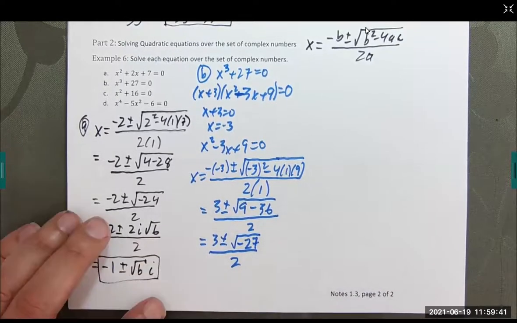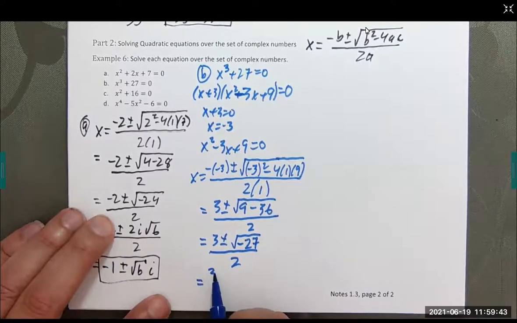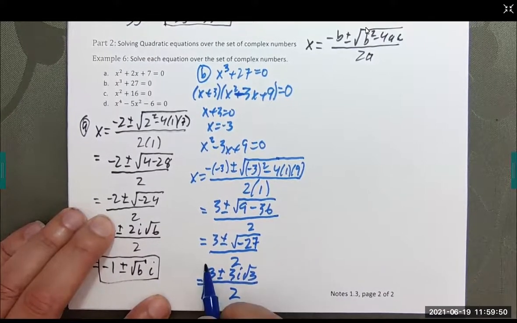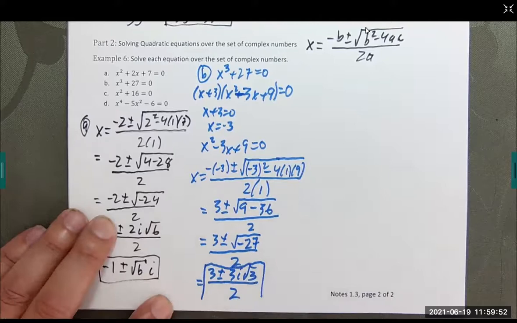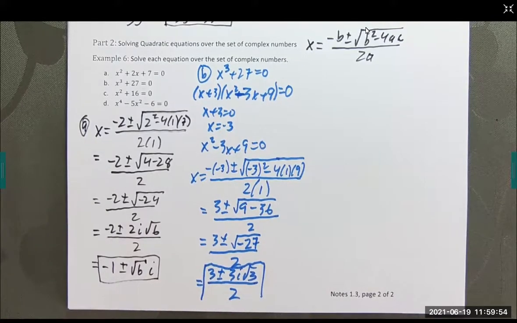And that is going to simplify to 3 plus or minus 3i root 3 over 2. Now you'll notice I didn't quite write this in standard form, which is okay. When we're dealing with the i and the radicals and all that kind of stuff, this is actually a much more clear way of writing that, in my opinion.